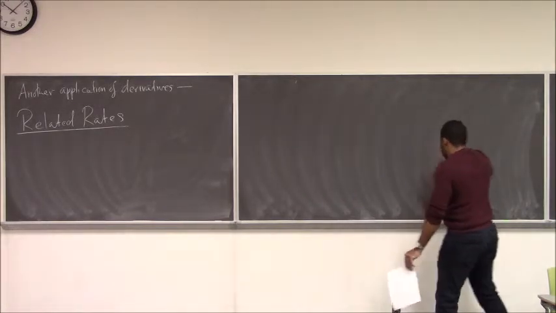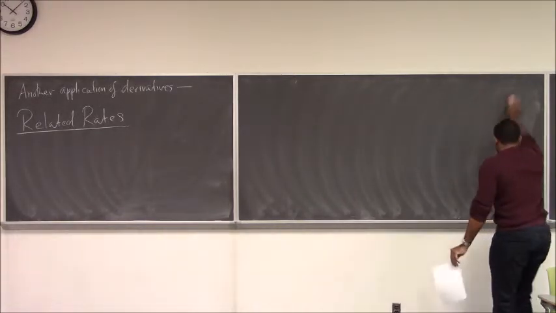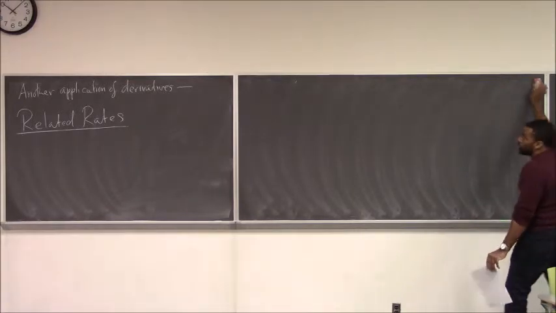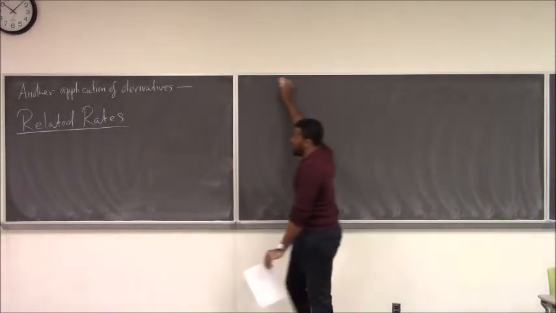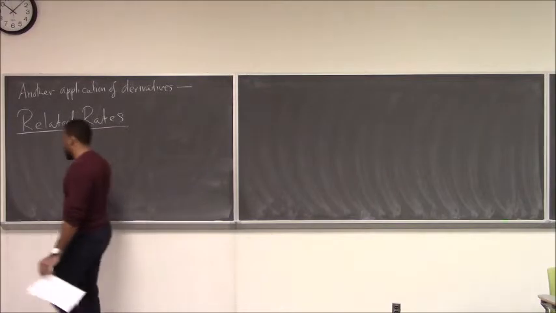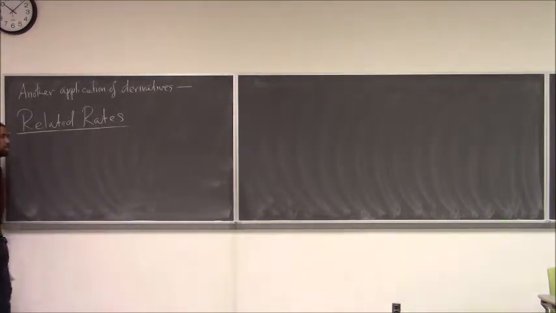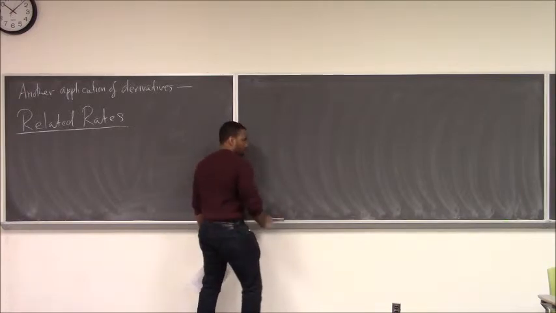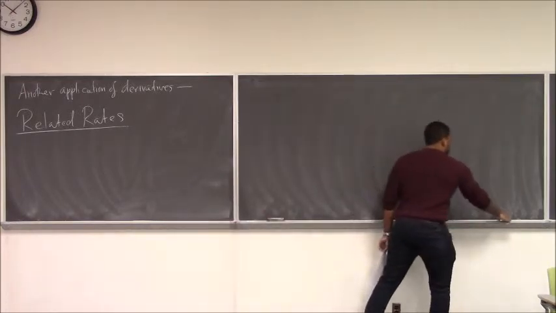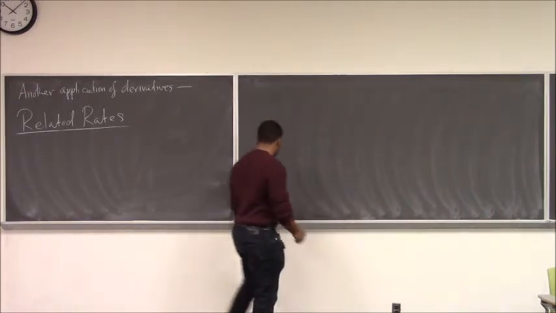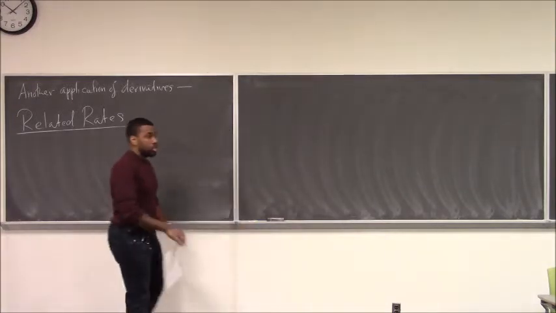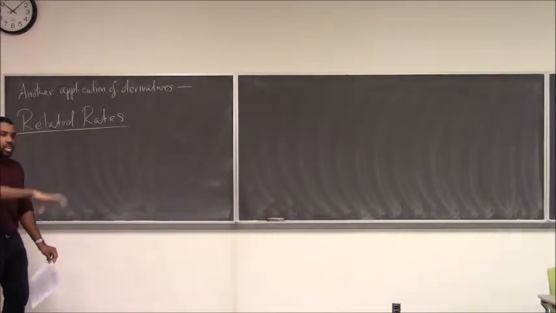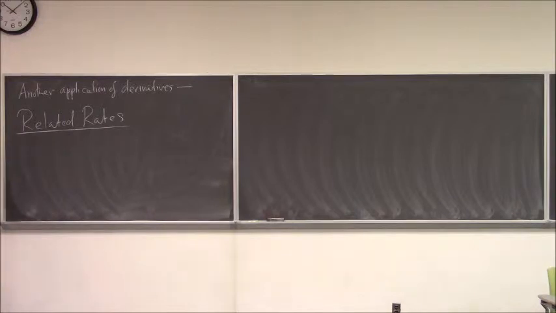Remember that one of the main goals of the derivative was to solve the rate problem. We wanted to figure out how fast something is moving. It turns out, every so often, that quantities are sometimes related to each other. One might depend on another. So as one quantity is moving, it causes something to happen to another quantity.